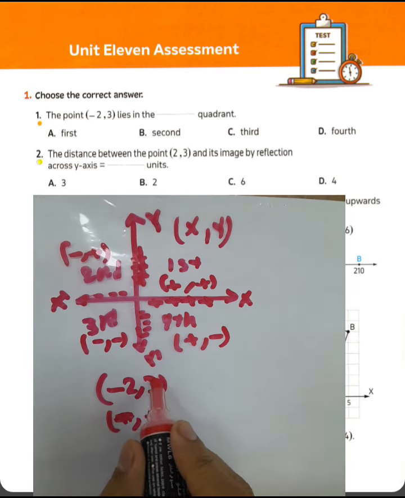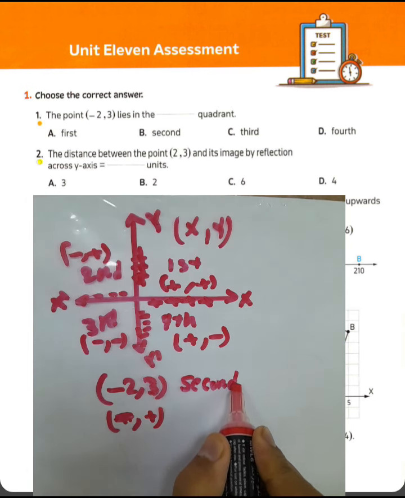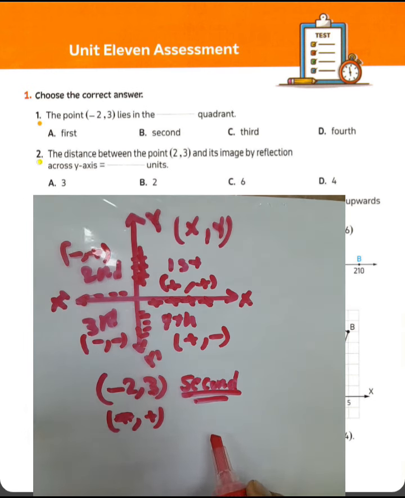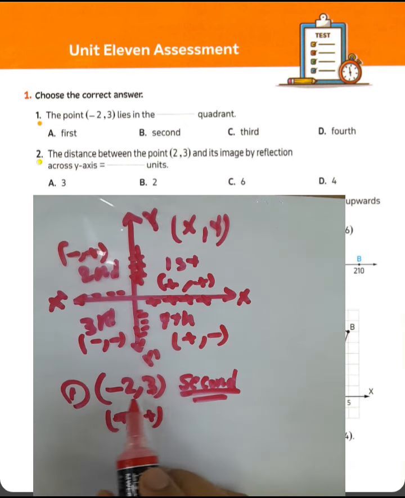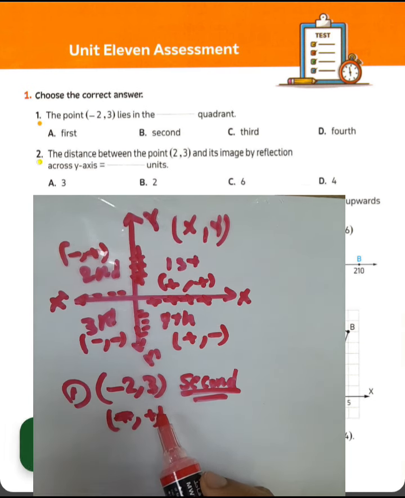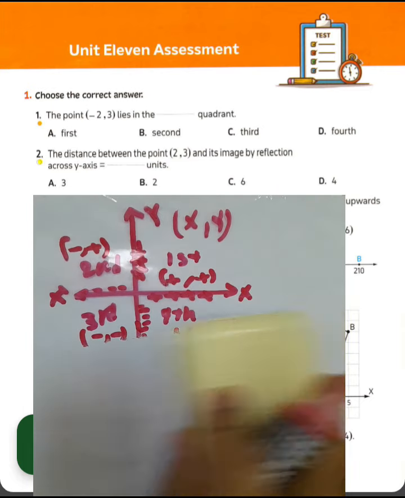Then the point (-2, 3) lies in the second quadrant. Choose letter B for question number 1.